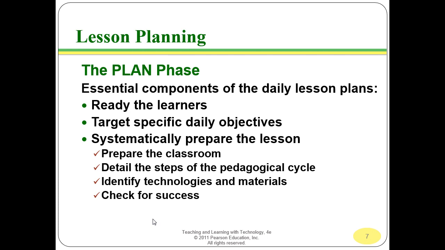And so, if that's the case, chances are you're going to want to provide them maybe with some components that they can go out there and take a micrometer and measure actual pieces from the shop. To do that, you have to prepare the classroom. You've got to have your classroom ready. You've got to have the materials on hand. You have to have the micrometers there, enough to go around for whoever's going to be doing the lesson.